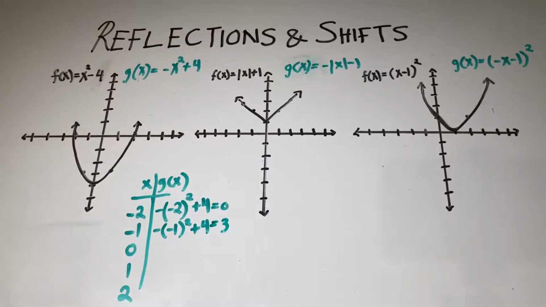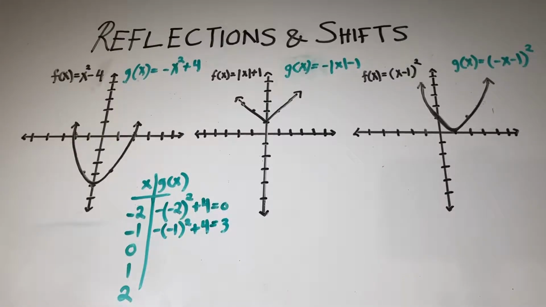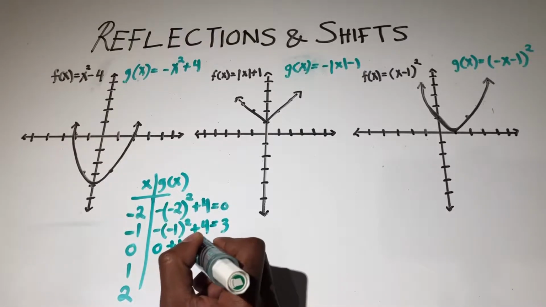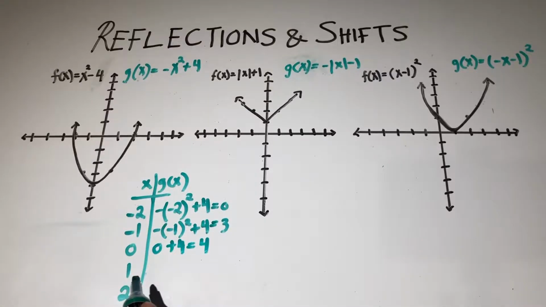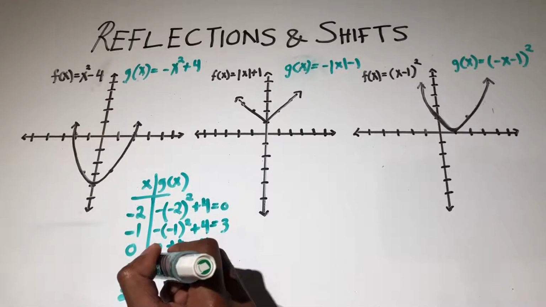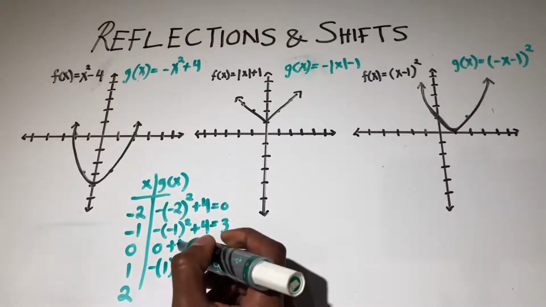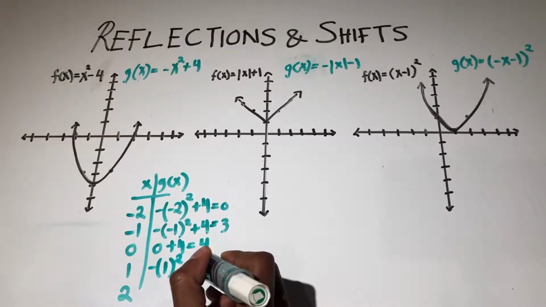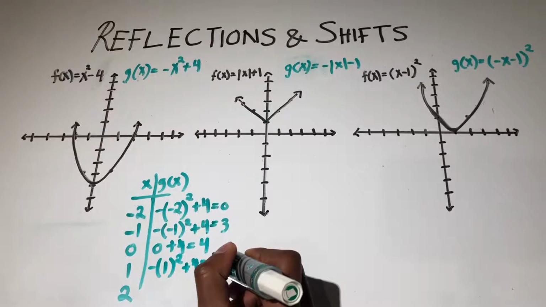Now we have 0. 0 for x squared is just going to give us 0, and then 0 plus 4 is just 4. Now we have 1. Plugging in 1, we're going to get -1 squared plus 4, which is also going to give us 3.